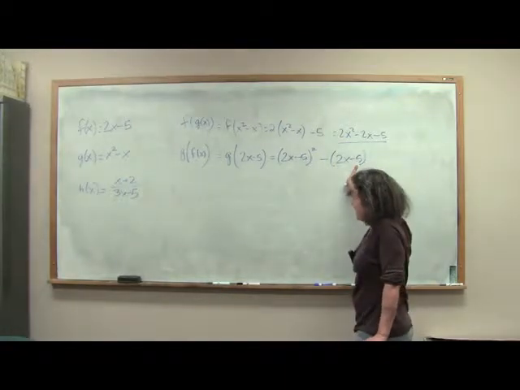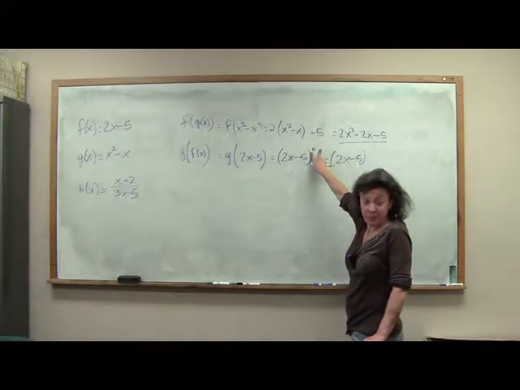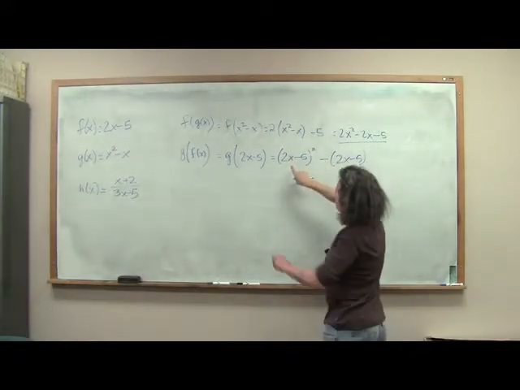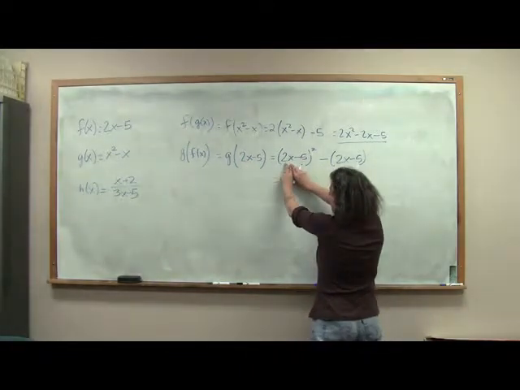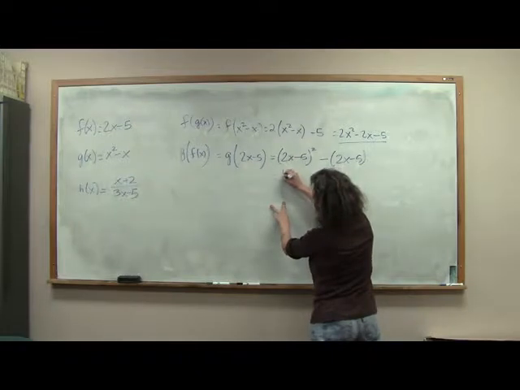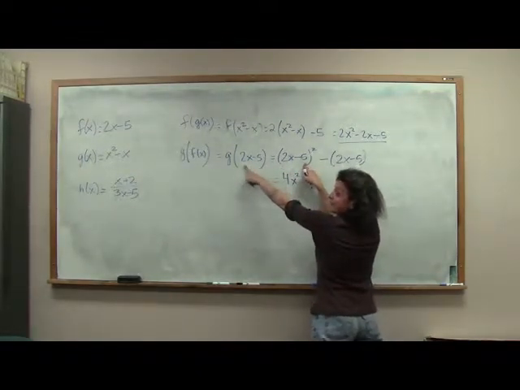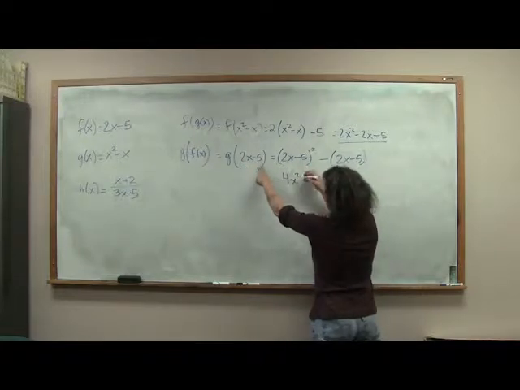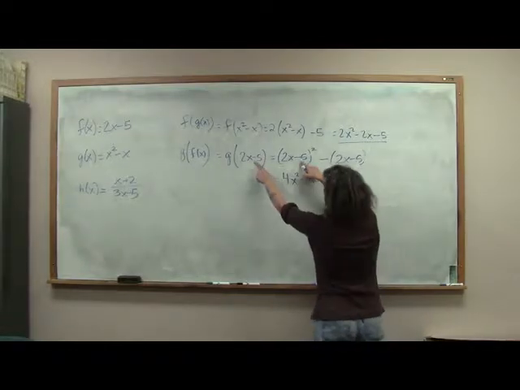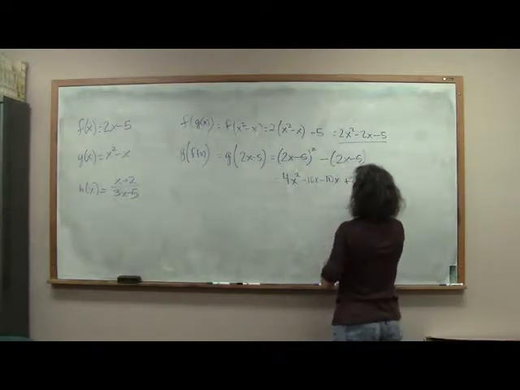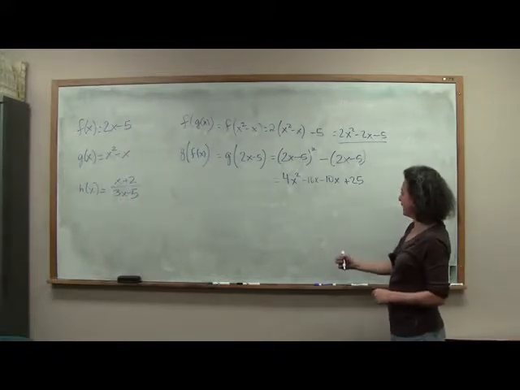So, let us now simplify this. Well, (2x minus 5) quantity squared means that we need to FOIL it. Remember, FOIL means first terms, so 2x times 2x is 4x squared. Outside terms is minus 10x. Inside terms is minus another 10x. And then last terms is plus 25. I claim that's what you'd get if you multiplied this out.